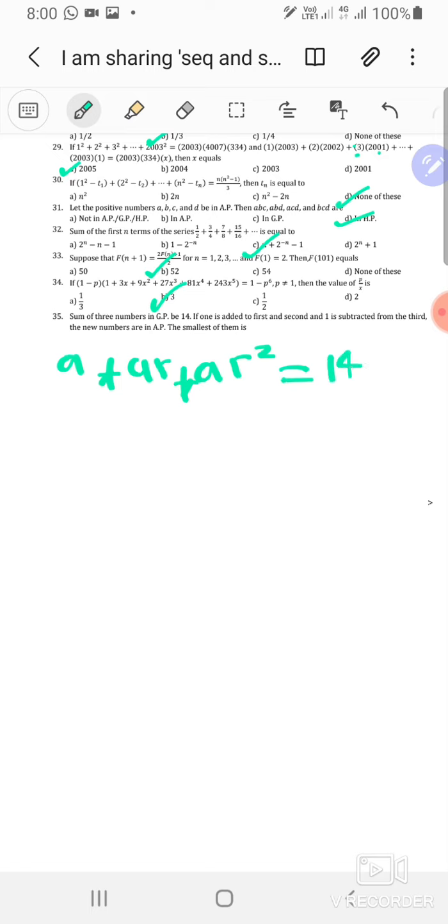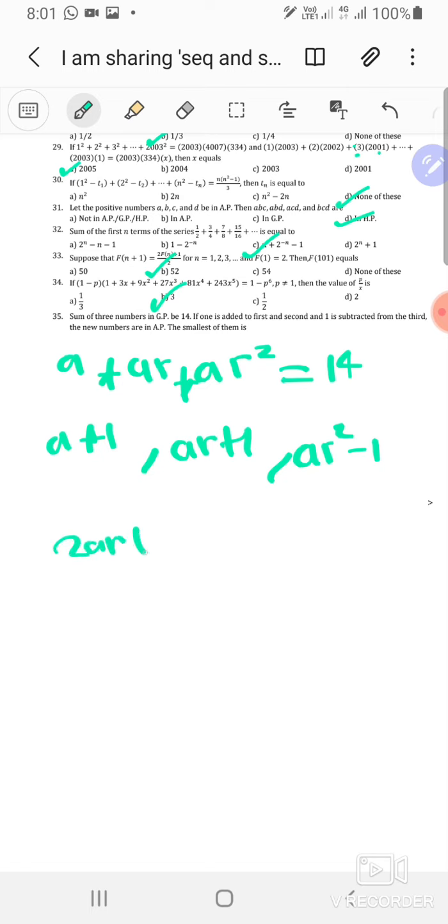If one is added to the first, so you got a plus 1, and second, so ar plus 1, and 1 is subtracted from the third, ar squared minus 1. The new numbers are in AP, the smallest of them is.